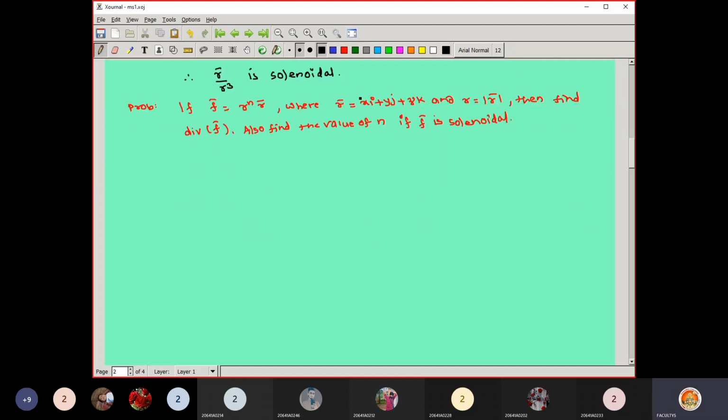Already they have clearly given r bar and r, and we need to first find the divergence of f bar. So write down the solution first. Consider the simplification of f bar. f bar is nothing but r power n into r bar, where r bar stands for xi plus yj plus zk.